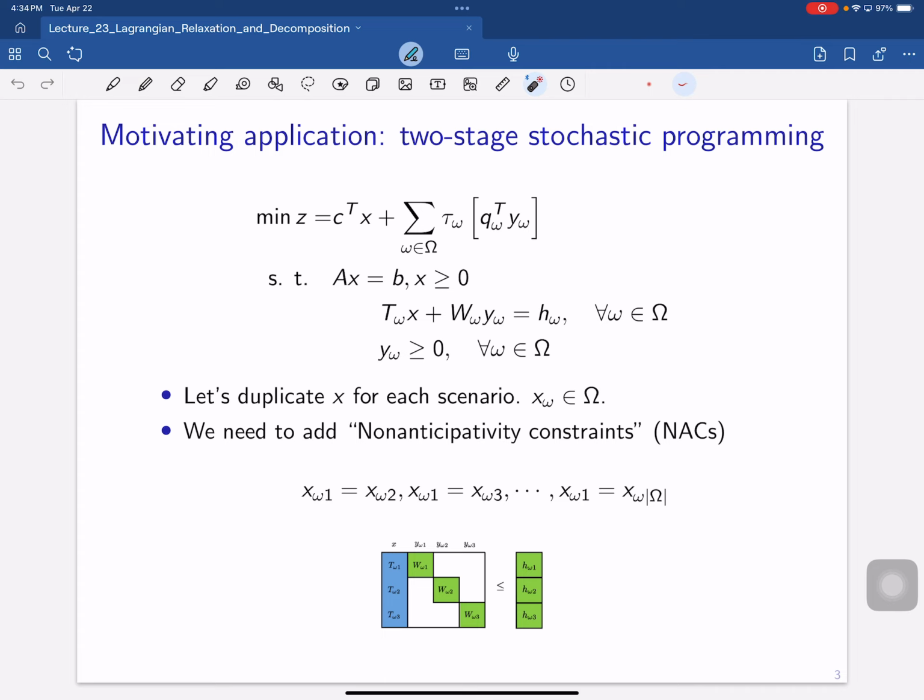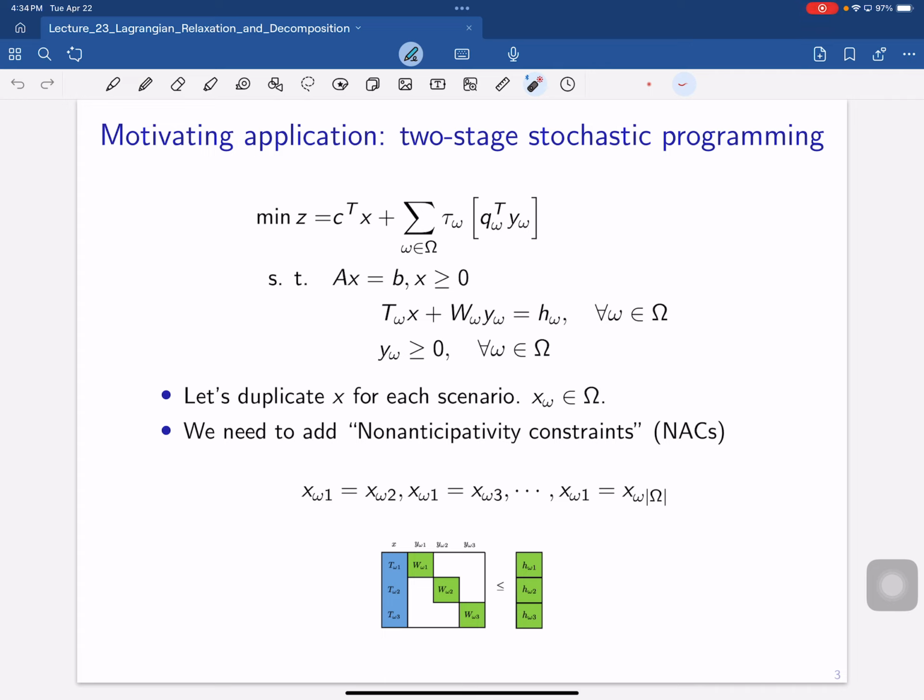The first application is two-stage stochastic programming. We talked about this in the Benders decomposition lecture. Remember, the idea is that you have some first-stage decision x, which satisfies some linear constraints, and then you have so-called second-stage decisions y omega, where for each scenario omega you have a set of constraints.